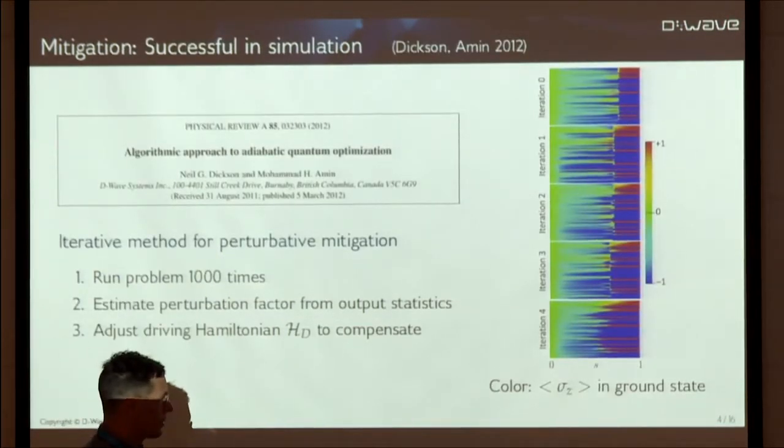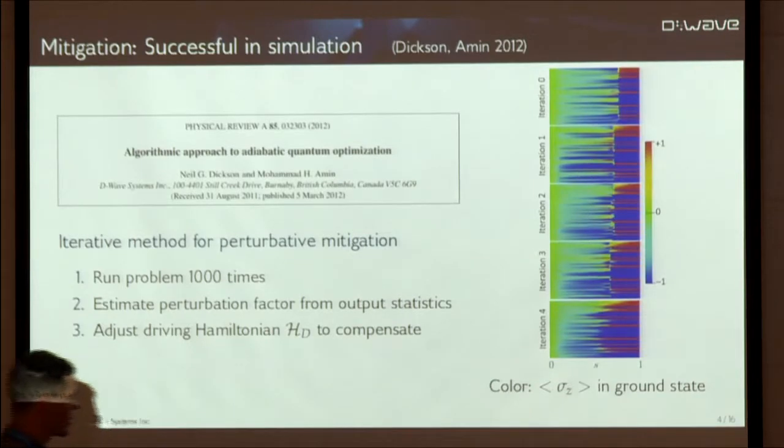So when I say this is not a new idea, I mean it's really not a new idea. This is a paper from 2011 by Neil Dickson and Mohammed Amin at D-Wave, back before you could do these things on quantum annealers and you had to use QMC. So what they did was they looked at a class of combinatorial problems, and they can't do a first order perturbation expansion because the first order expansion is 0.